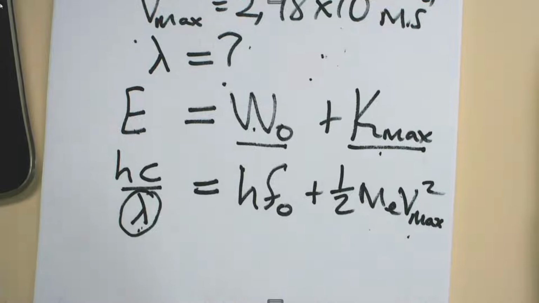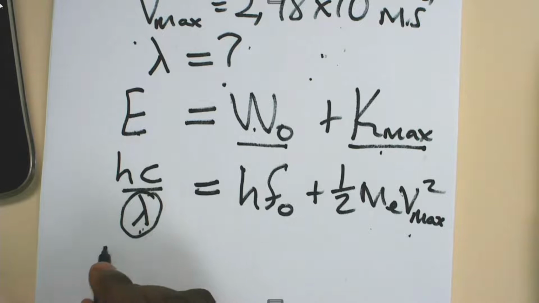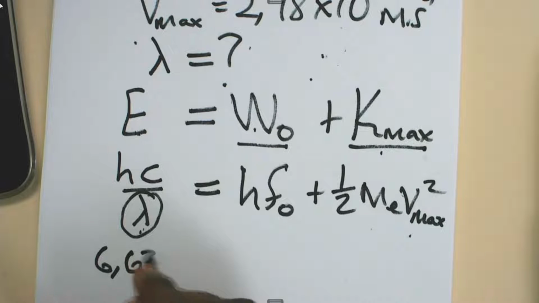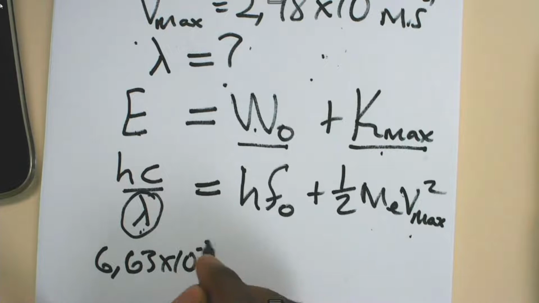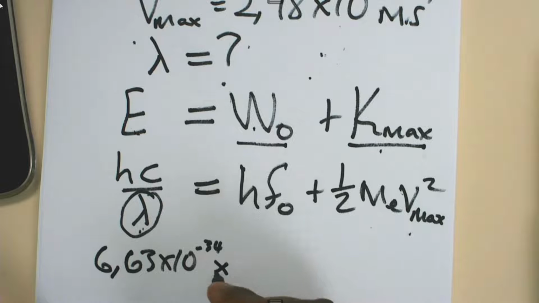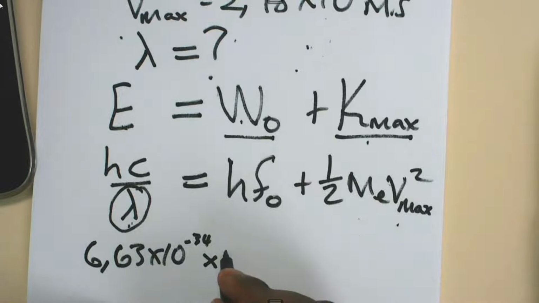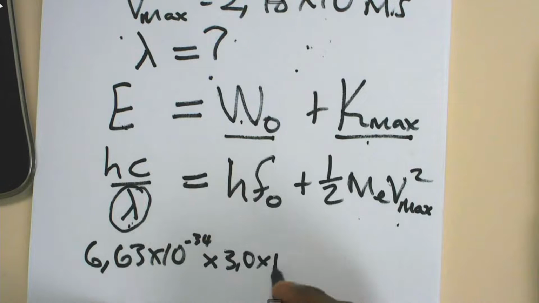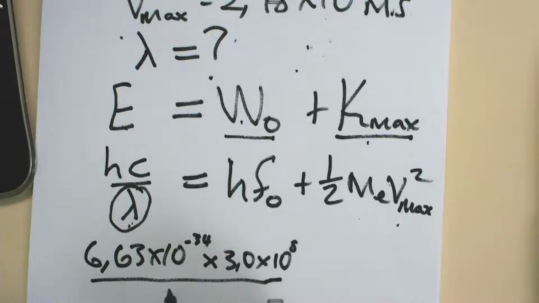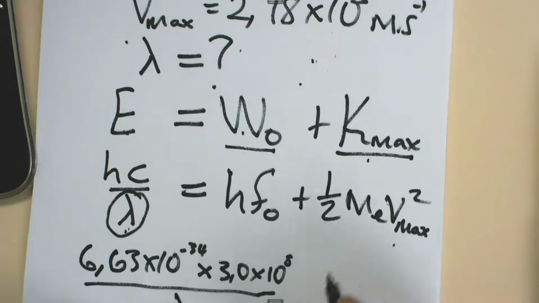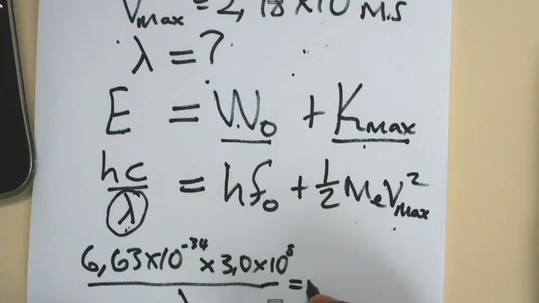So Planck's constant, as we know, is equal to 6,63 times 10 to the power minus 34, and the speed of light is 3,0 times 10 to the power 8, all over the wavelength.